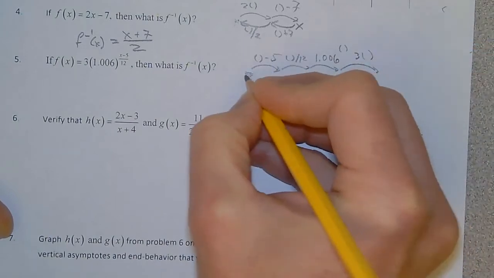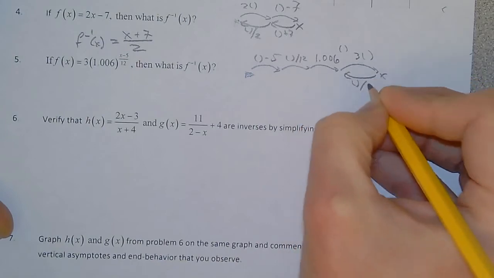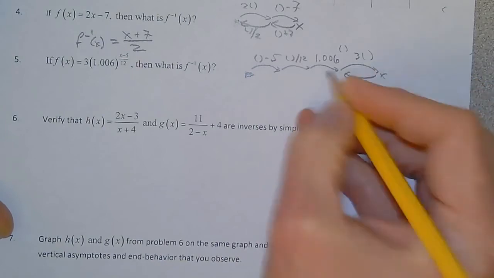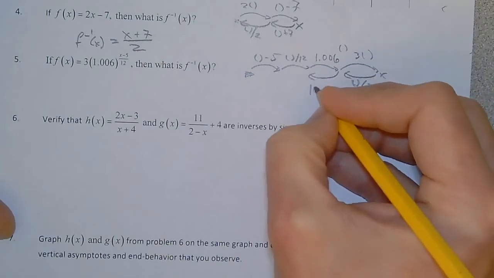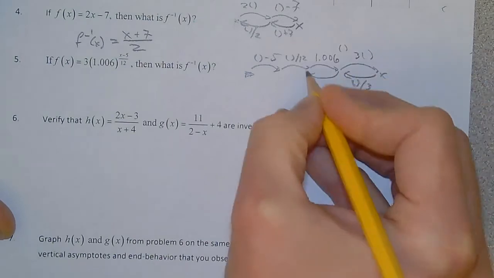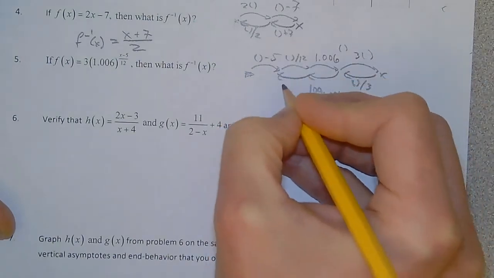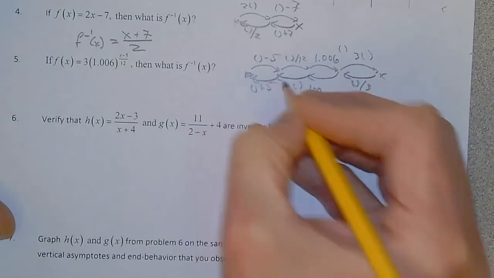And so we switch the x over to this side, and we will divide by 3. And then we'll go ahead and write this one as a log base 1.006, multiply by 12, and add 5.